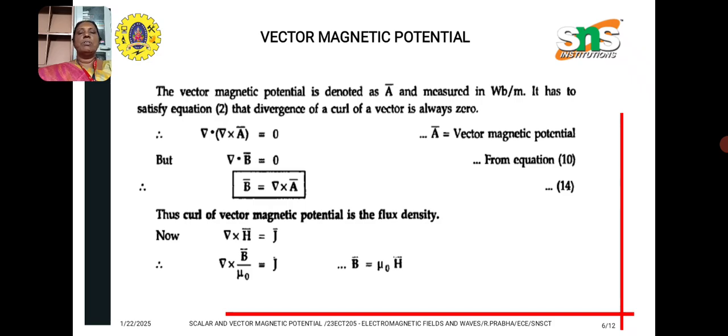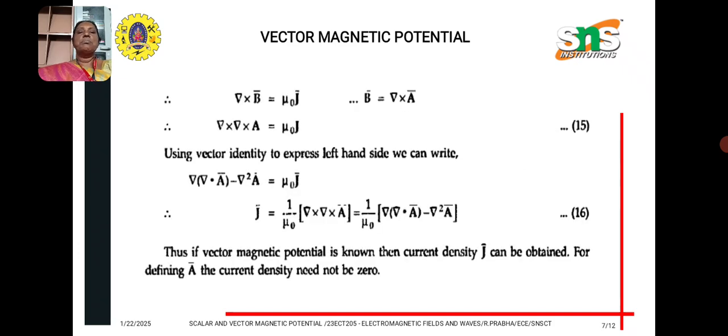Del cross H is equal to J, and replacing H as B by mu naught, we get del cross of B by mu naught is equal to J. And now del cross B is equal to mu naught into J, and substituting B as del cross A, we can modify the previous equation as del cross del cross A is equal to mu naught J. And using a vector identity to express the left hand side, del cross del cross A is equal to del into del dot A minus del squared A. So by substituting, we can equate this equal to mu naught J.